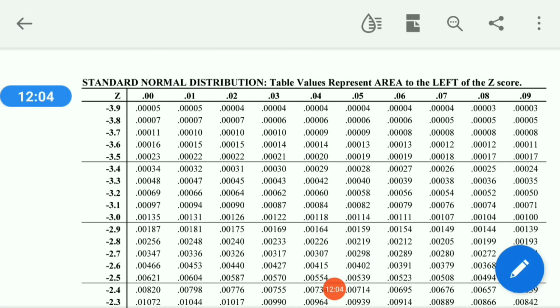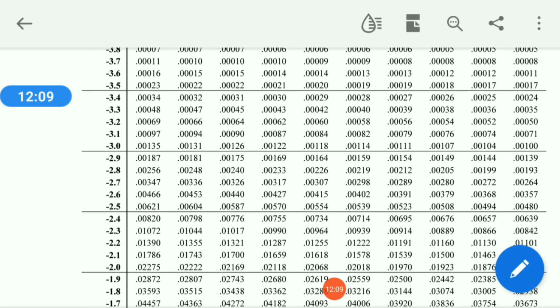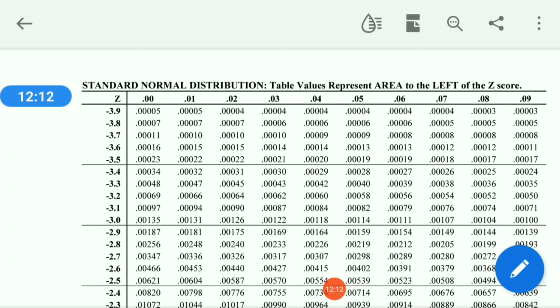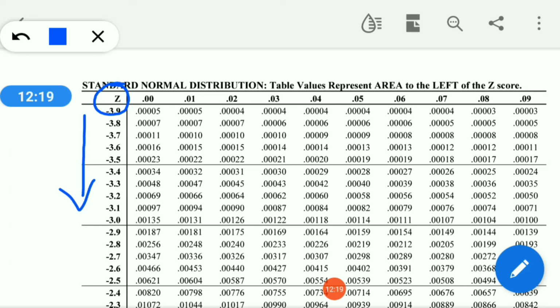Now see, this is the standard normal distribution table, in which these are the z values, in minus, and in the first column see 0.00. In our case our answer is 1.00, so take 1.0 and the other column is 0.00. Consider these two columns, first and second.